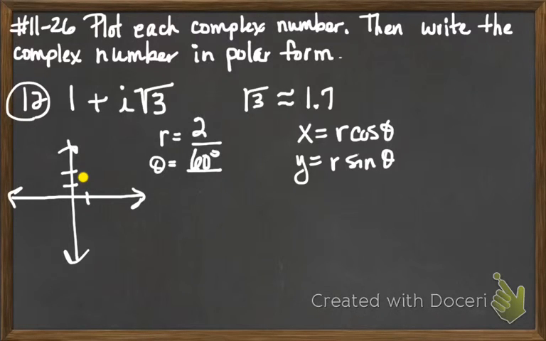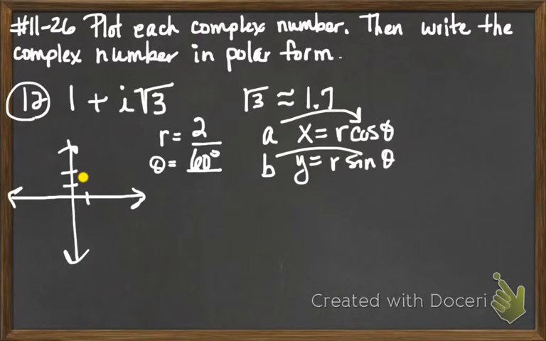But we're dealing with complex numbers, which are not x's and y's, but a's and b's. So technically that still applies. So a is going to be equal to r cosine of theta, because a and x are technically the same thing here. And b is going to be equal to r sine of theta.